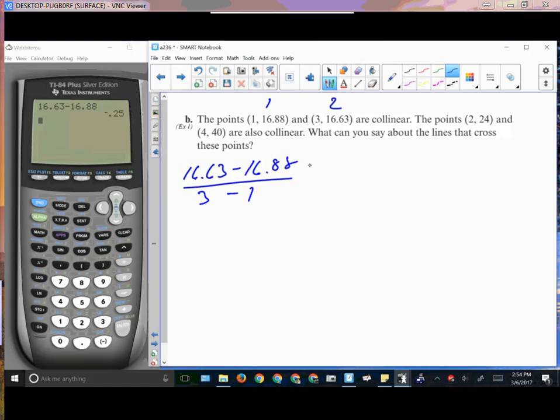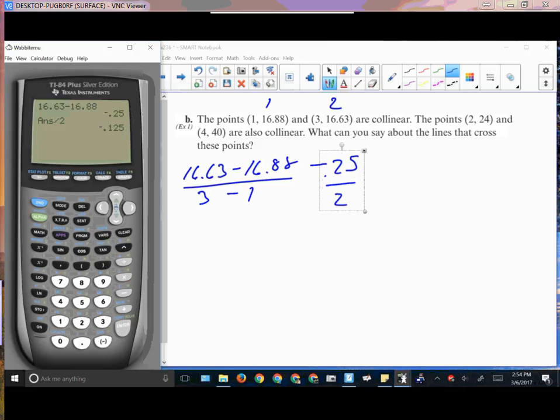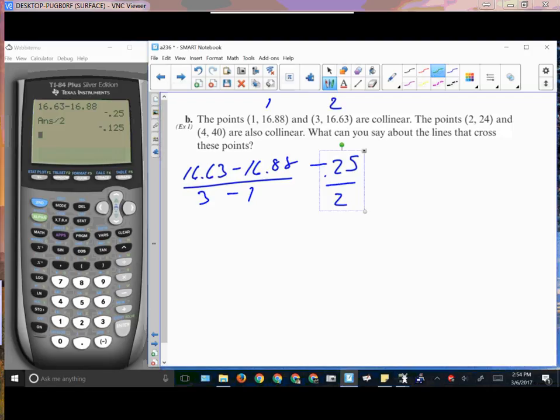So that's going to give me a negative 0.25 over 2. Now that's ugly. Divide that by 2, what do I come up with? Negative 1.25? Ick. Does it matter? No. We're just going to leave it that way for the time being and see what we come up with when we do the next one.